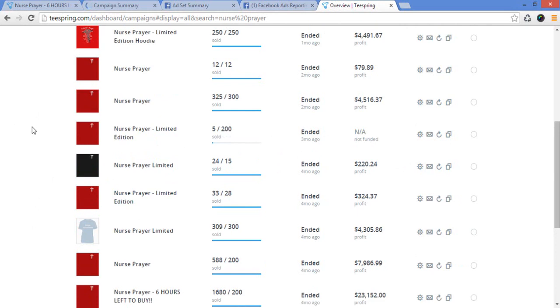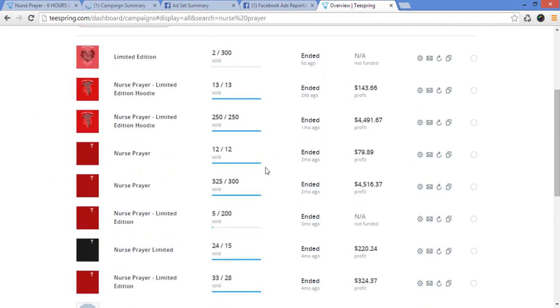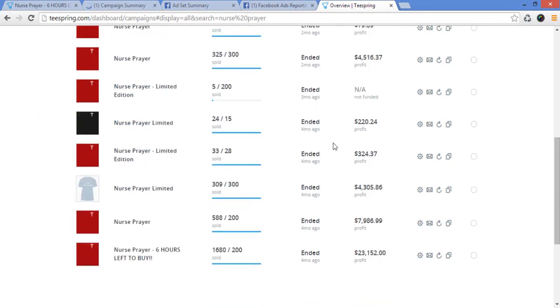Some that didn't work out. Other traffic sources, another 325, another 250. So all adding up all those together, I ended up selling about 3,250 of this off the same targeting that I had prior in this original campaign, and just let it run.